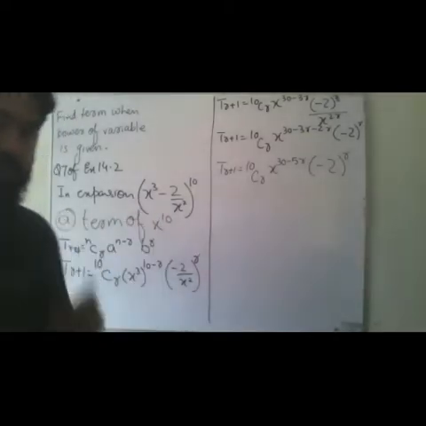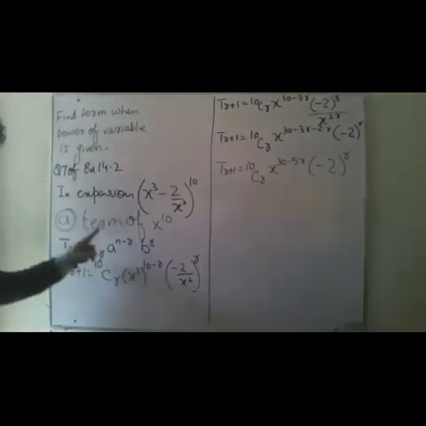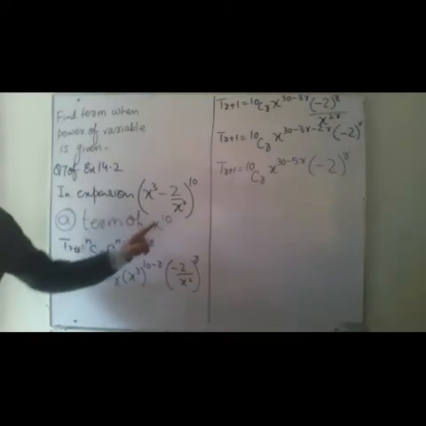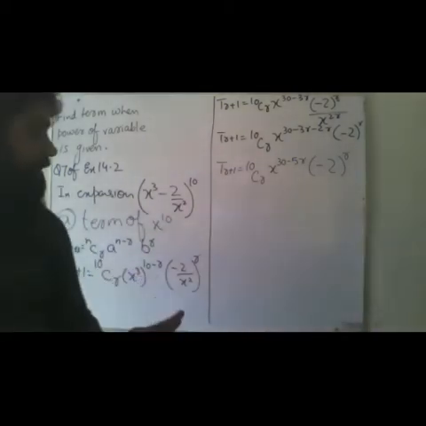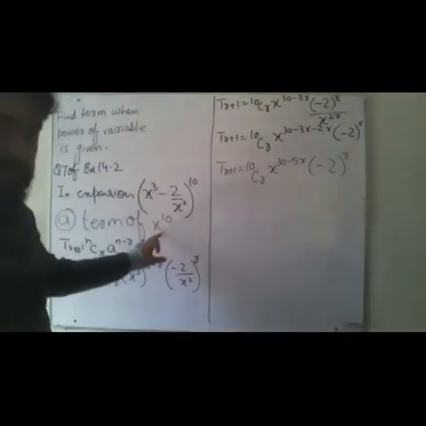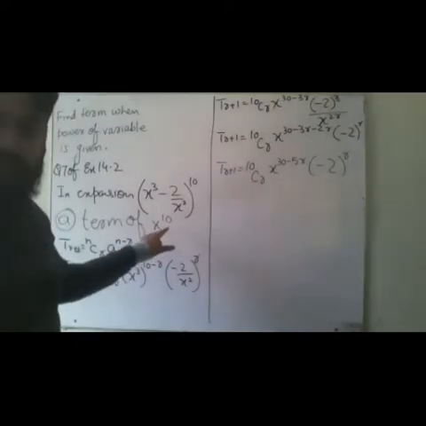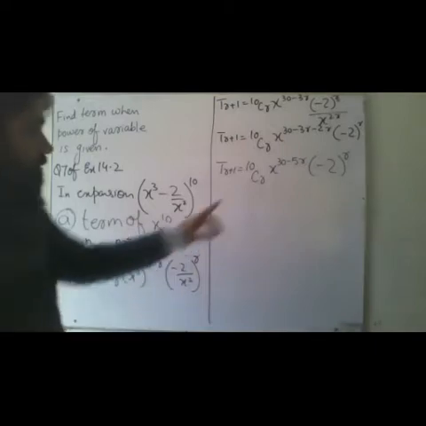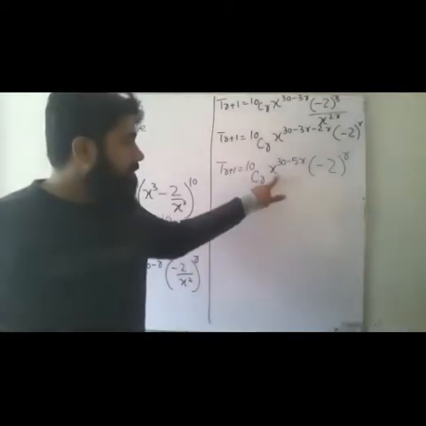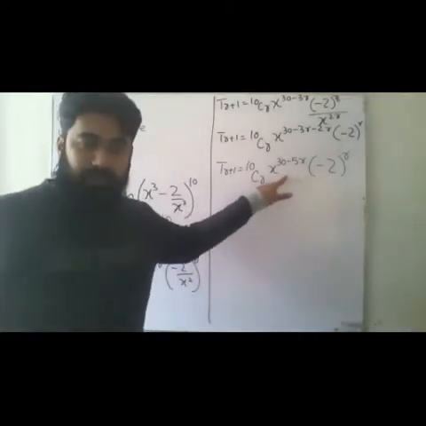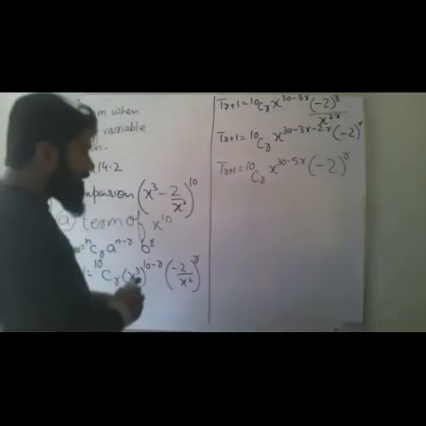But what they have told me is that in the term with x to the power 10, the power of x in the term I am finding should be 10. What is the power of x right now? 30 minus 5R.